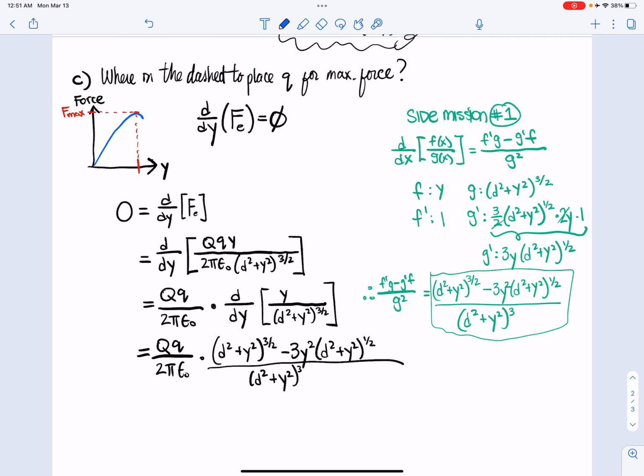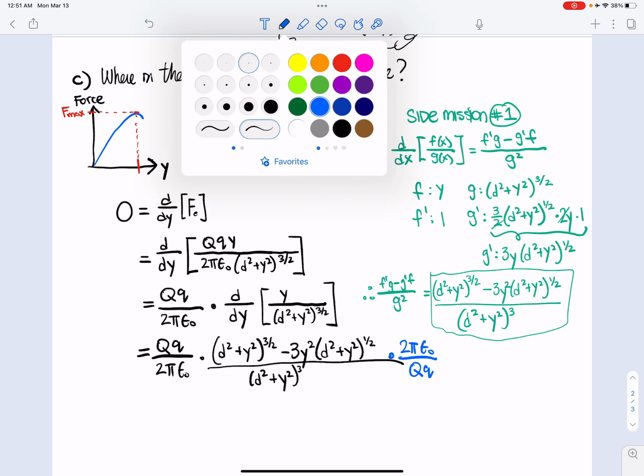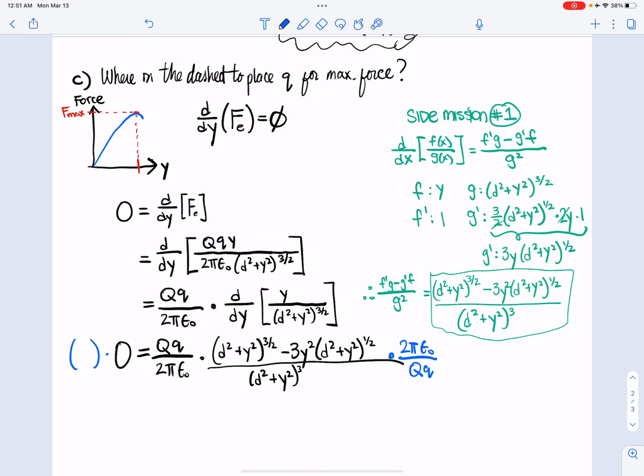So I'm going to multiply this by 2 pi epsilon naught over Q. And since over here I also have a 0, I'm also going to multiply that by 2 pi epsilon naught over Q, right?